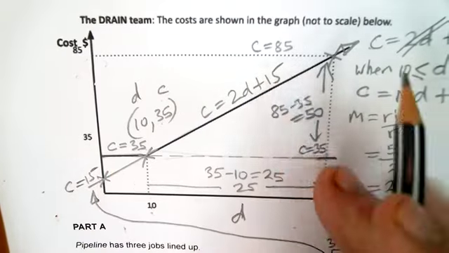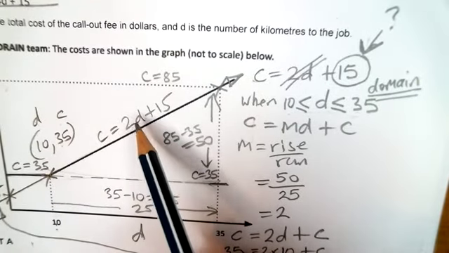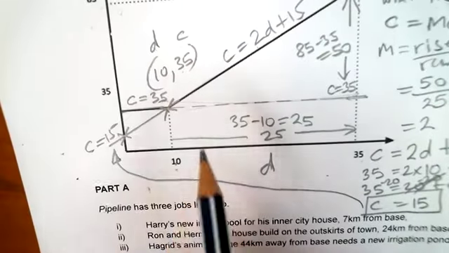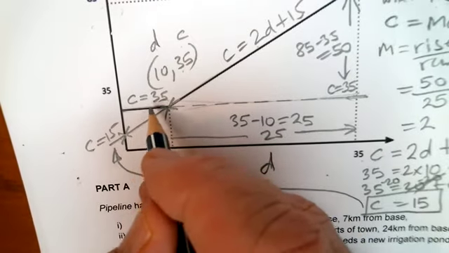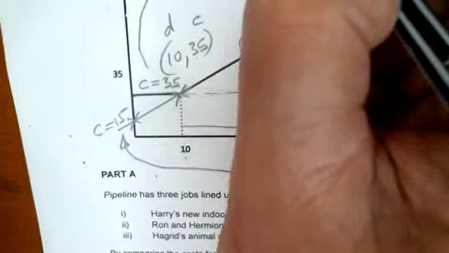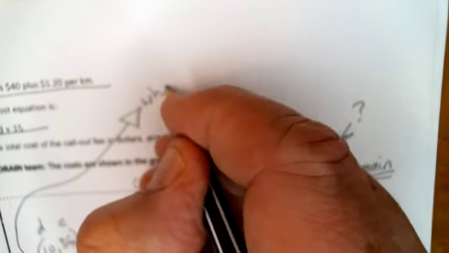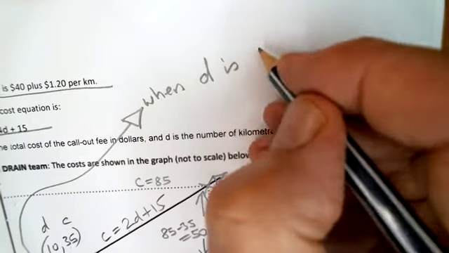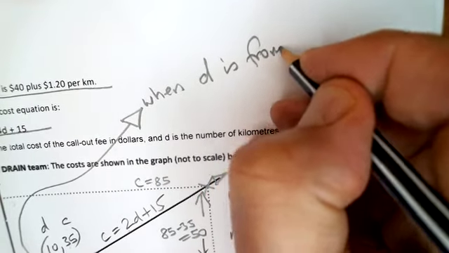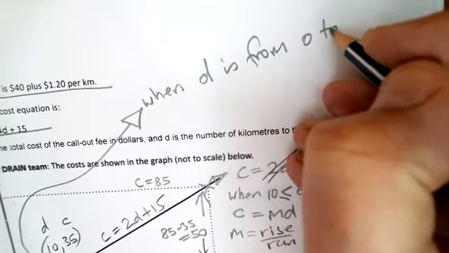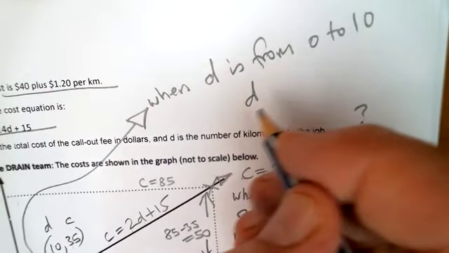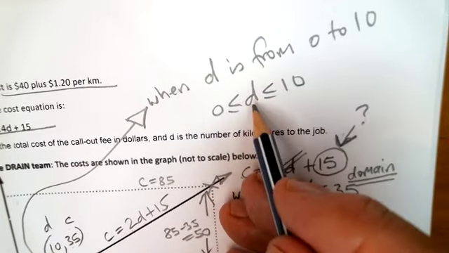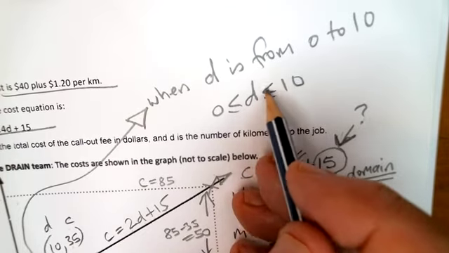And so for this one here, you could say C is 35. For this one here, you'd say C is equal to 2D plus 15 when D is from 0 to 10. Or you could say D is greater than or equal to 0 and less than or equal to 10.